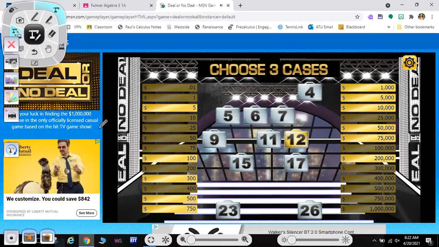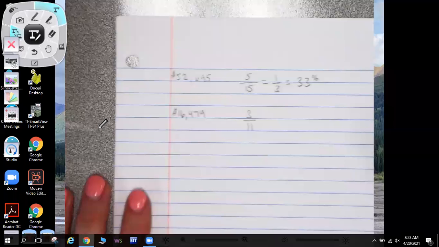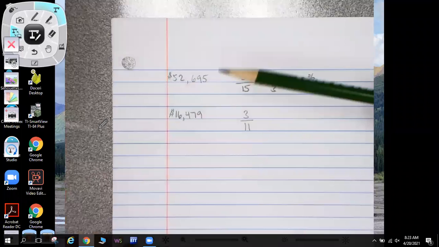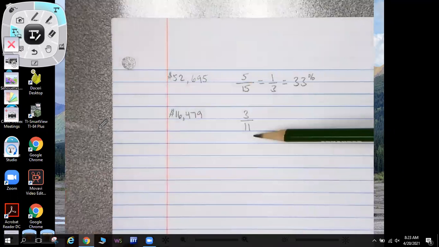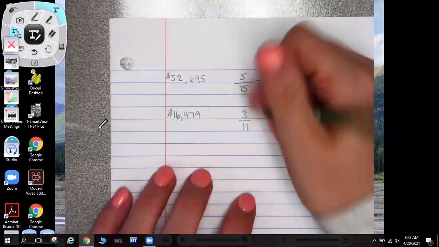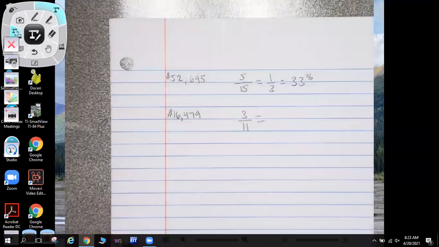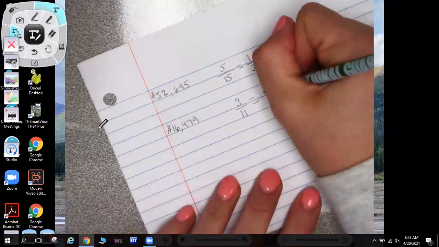So 16,479. There are 3 cases left that have more than that. There are 11 cases left total. 3 over 11 doesn't simplify, but it's about 27%.